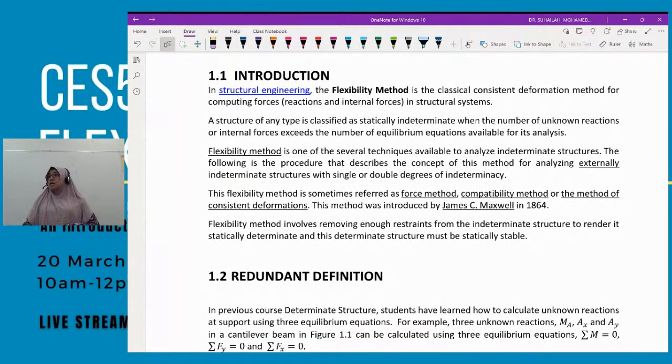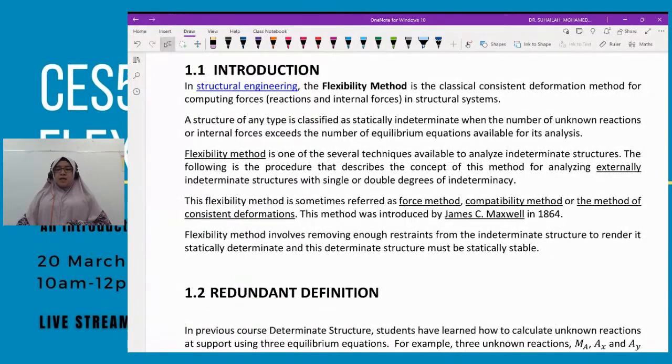Okay, so flexibility method, this is the classical consistent deformation method for computing reaction and internal forces. So flexibility method, even though dalam step-step tu ada displacement, tapi bukan itu dia punya objektif. Because objektif kita nak calculate redundant, and redundant is forces. Extra reaction dalam structure tu, redundant.